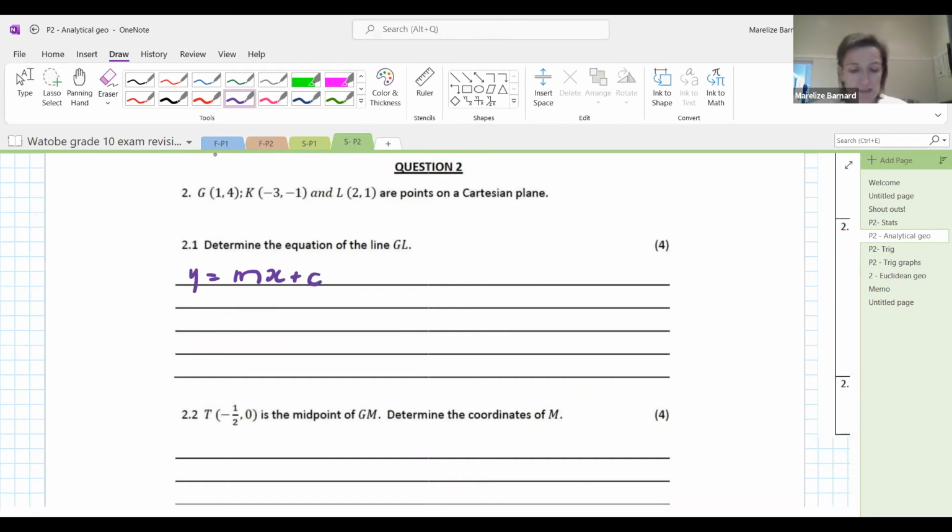So we need the gradient and we need the y-intercept. Let's work out the gradient. Remember, we are working with point G and point L. Pop it in the chat as soon as you've calculated it.